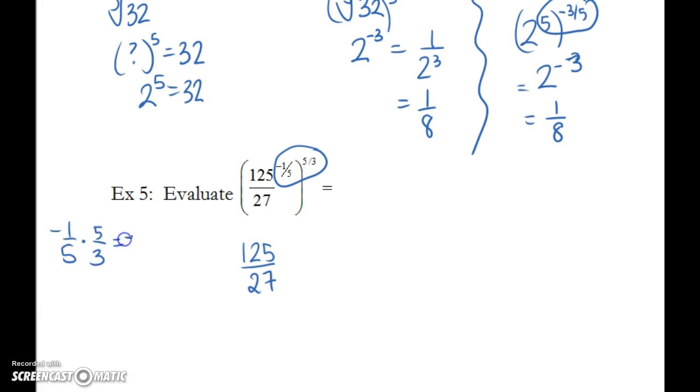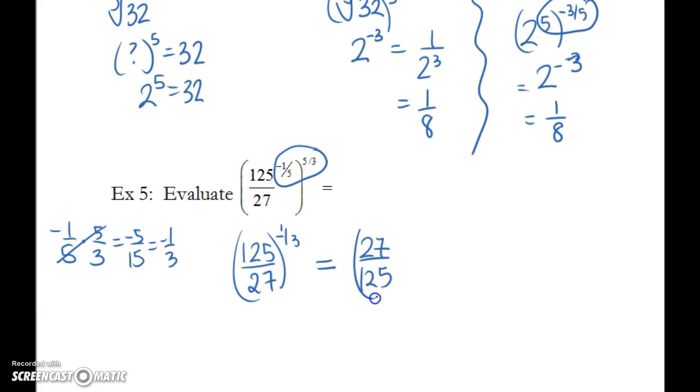You can multiply across and get negative 5/15, which reduces to negative 1/3, or you may recognize that the 5's cancel out, which takes you straight to negative 1/3. Either way, this is 125 over 27 to the negative 1/3 power. Now, the negative flips our fraction, so we get 27 over 125 to the positive 1/3 power.